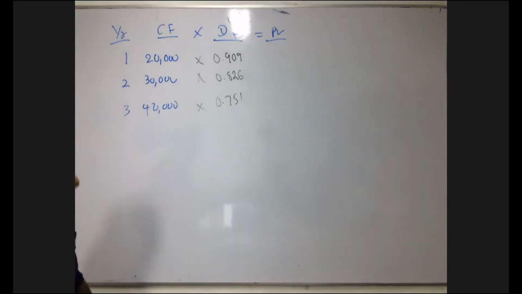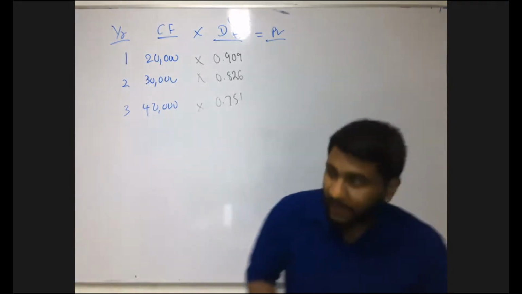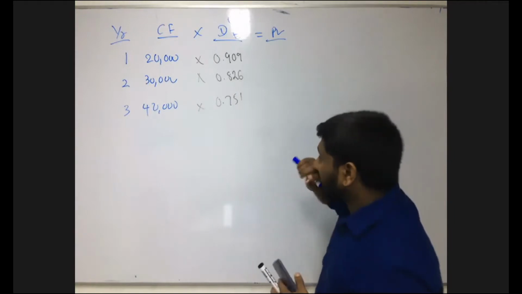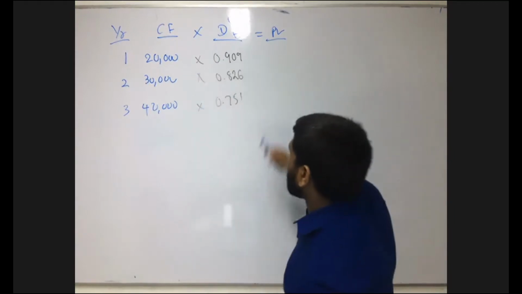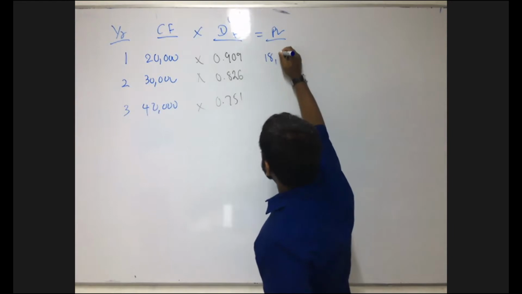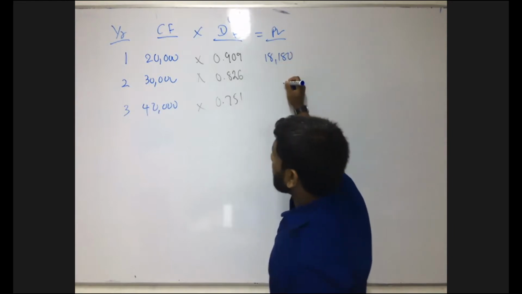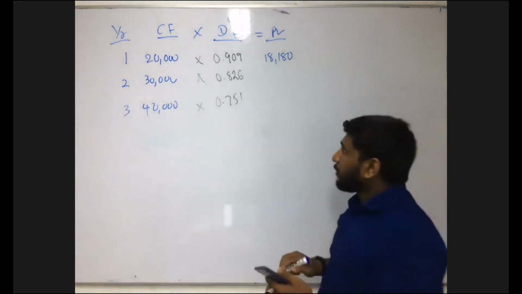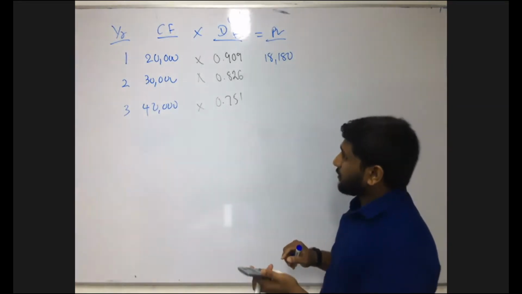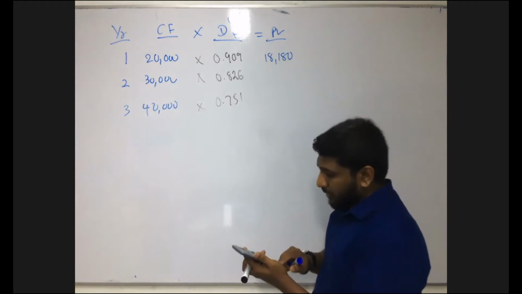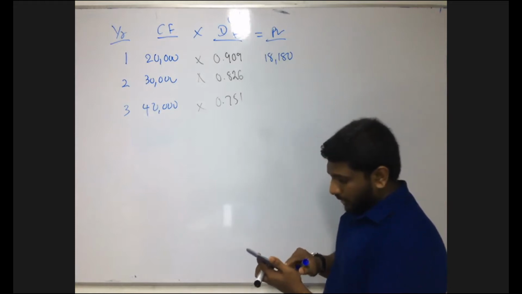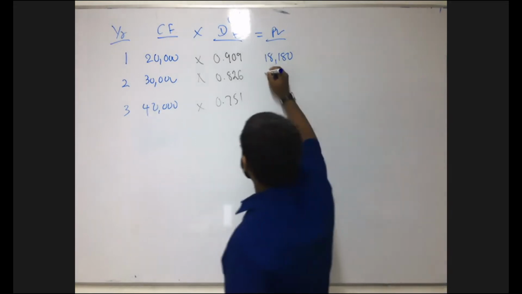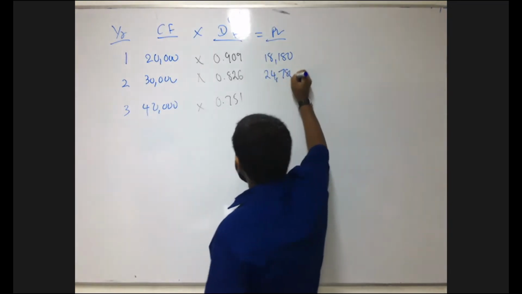Shall we do it, guys? Here I have already given the discounting factors. 20,000 into 0.909, here you will get 18,180. Here 30,000 into 0.826 gives 24,780.